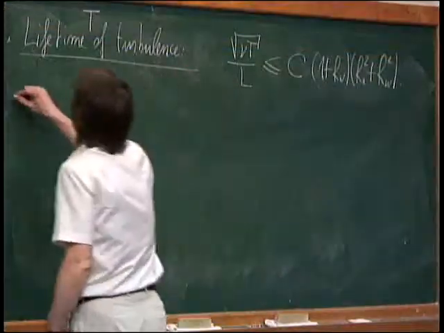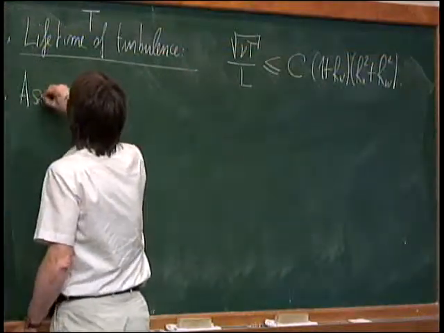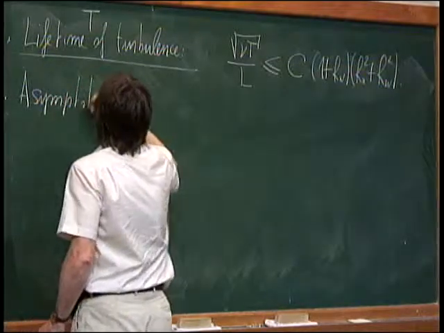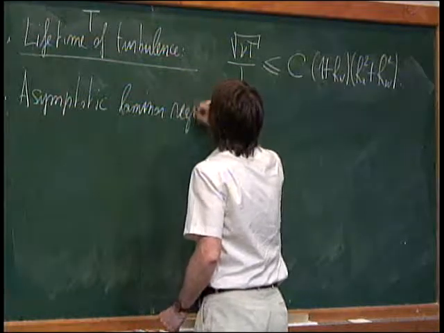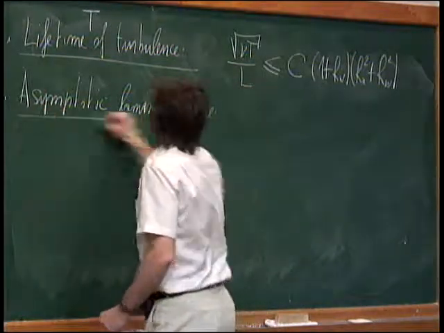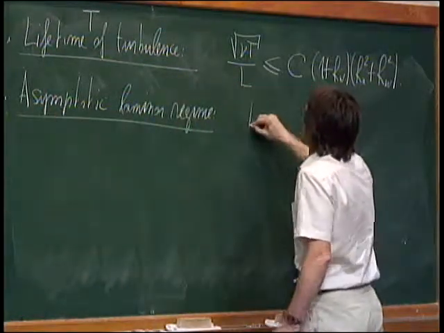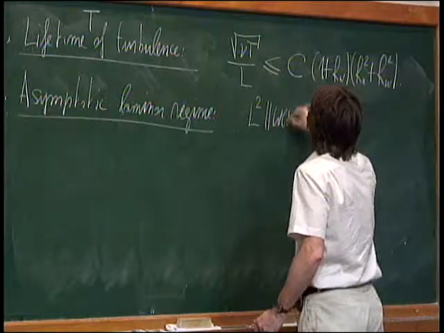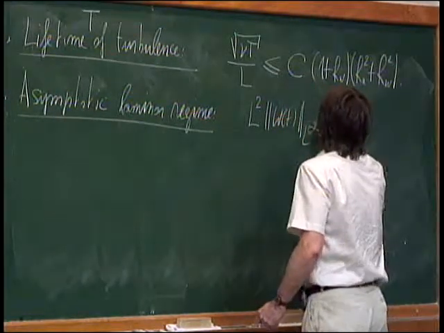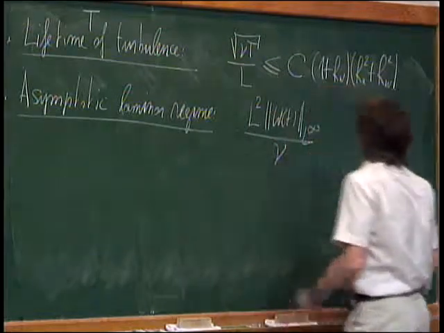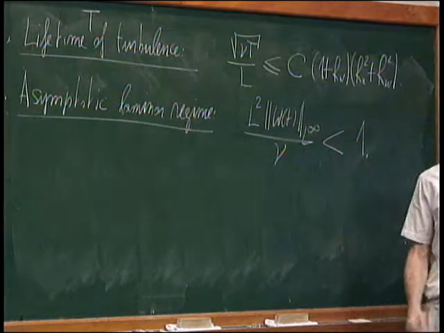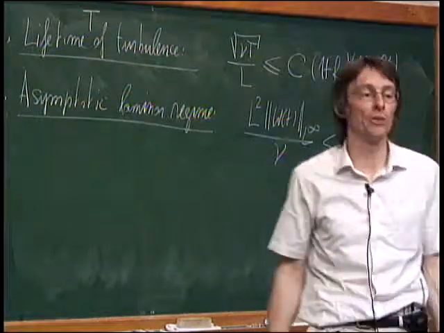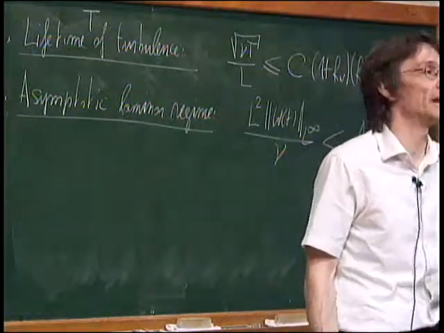Okay, and then you have the asymptotic laminar regime, which is characterized by the fact that L square omega of t in L infinity divided by nu, which is this vorticity Reynolds number, is, say, less than 1 or less than 4 pi square or some constant related to the Poincaré inequality.